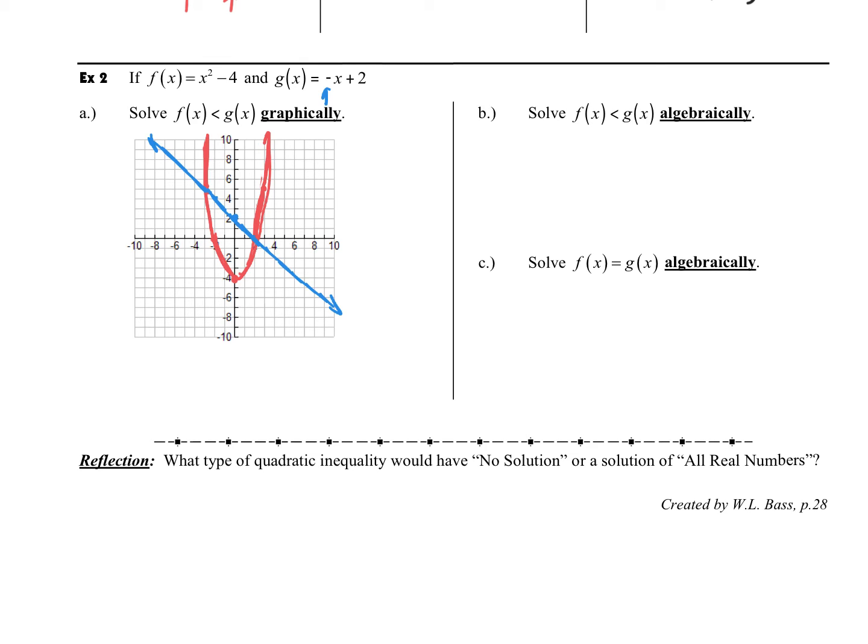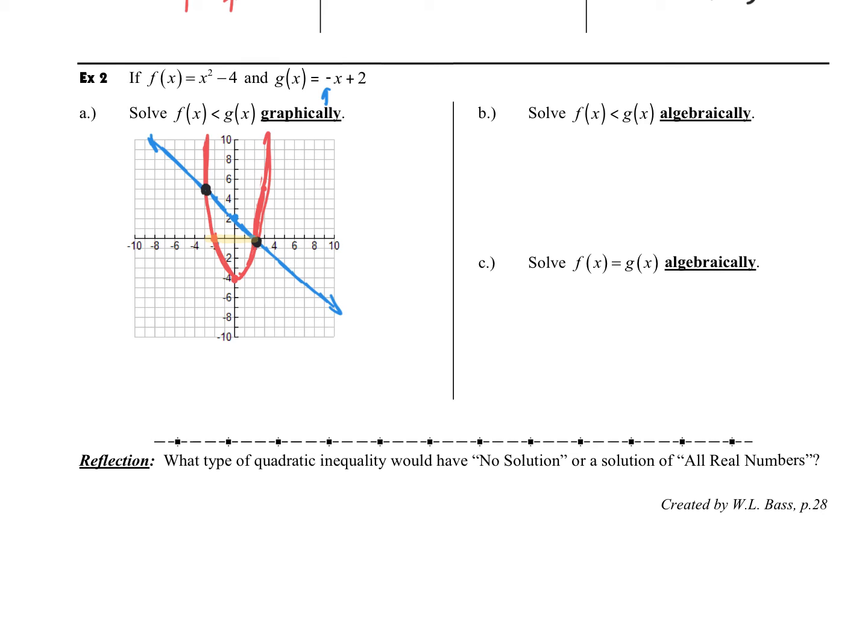Now, if we're solving this graphically, what we're going to do is find where these intersect here and here. Okay, we're going to find where these intersect, and then our solution is going to be the values that are in between those 2 points.